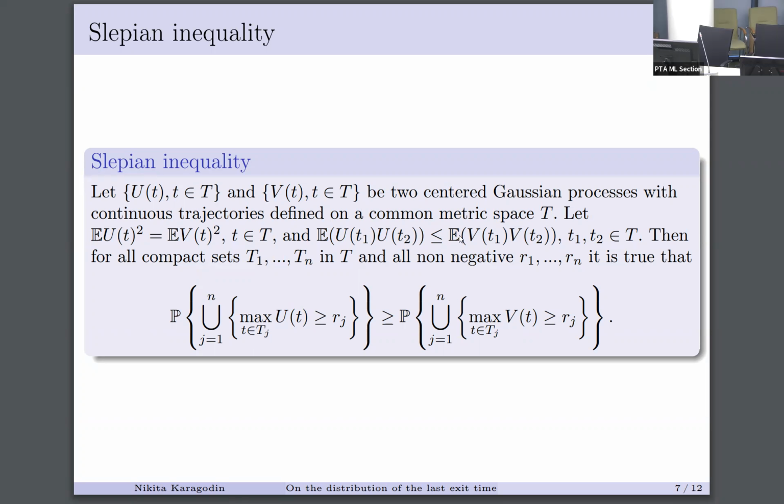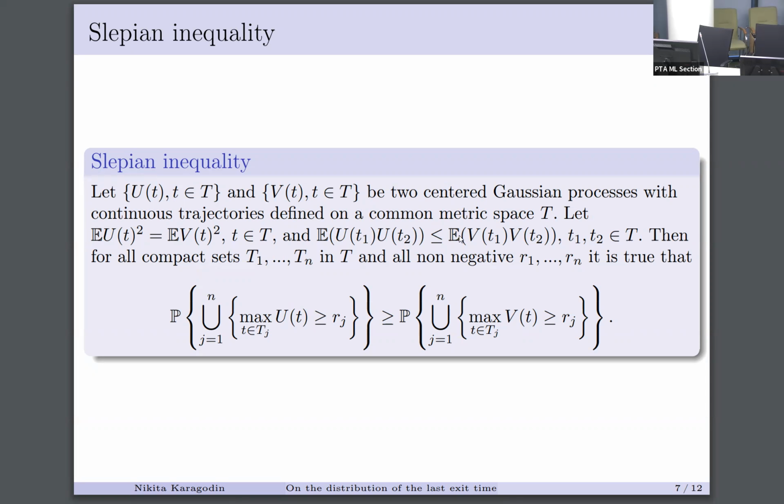Two Gaussian centered random vectors. And you know that their variances are the same, so the expectation of the square of u_i is the same as the one for v.